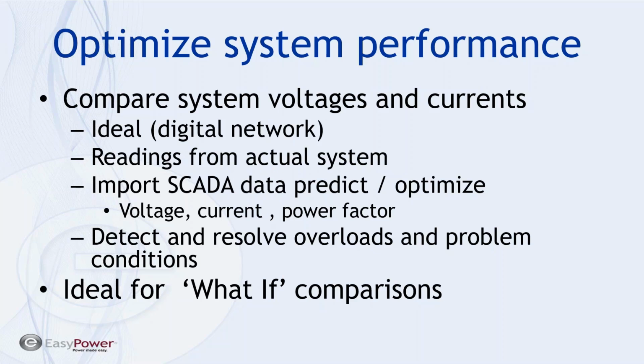Again, the EasyPower load flow module makes it relatively easy to do this, and one of the necessary adjustments, if you will, is tuning our load situation in the digital model that we've created, oftentimes from an arc flash need, but the same one-line model can be used for load flow if we can adjust the loading, the number of loads, the percentage of motor activity so that it matches what we're seeing from the utility or from our SCADA system.